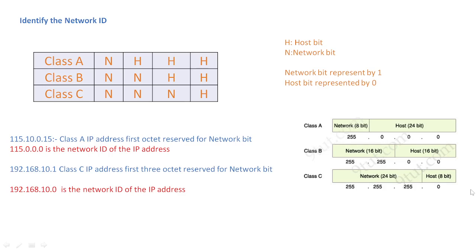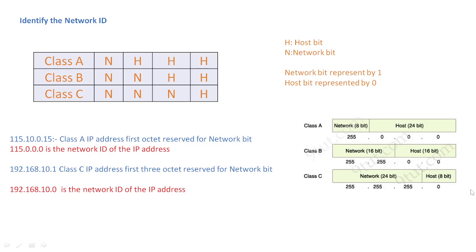See here, wherever you have n in class A, I told you each and every IP address is divided into host bits and network bits. Network bit represents n, host bit represents h. So in class A, wherever you have n, you put 1, and wherever you have h, you put 0.